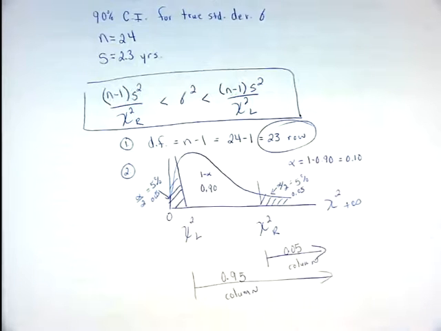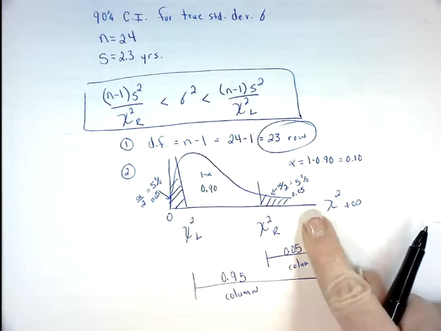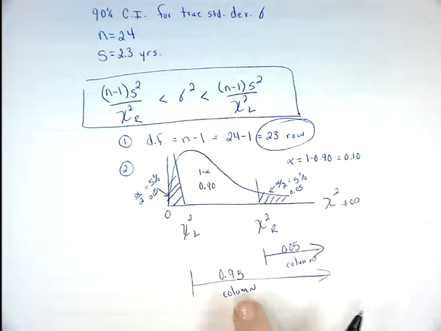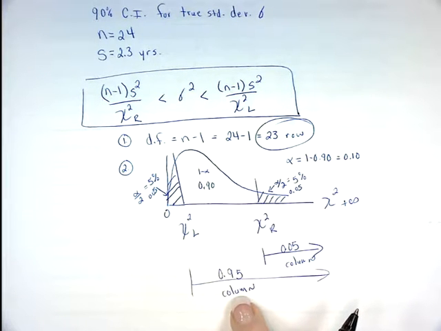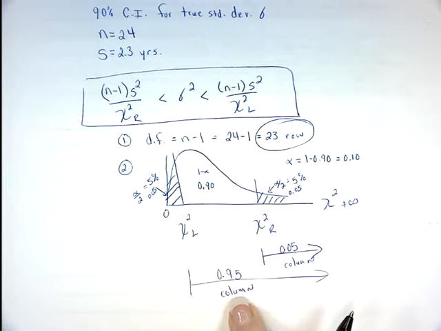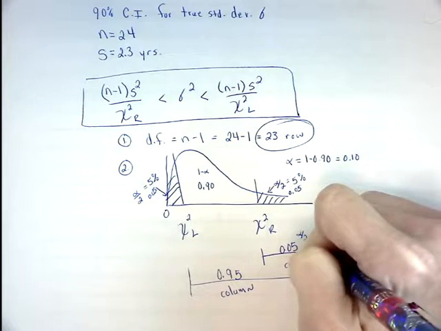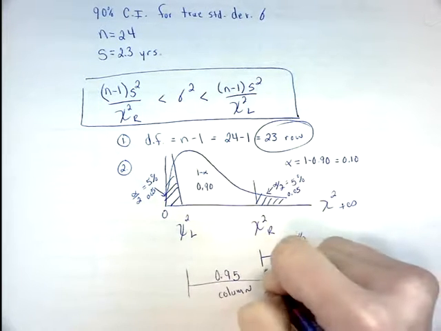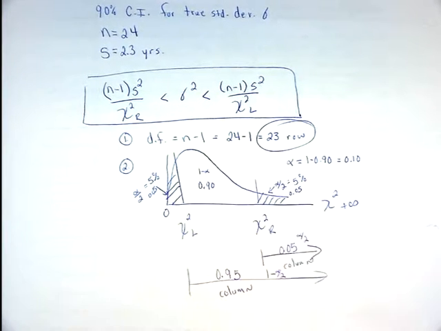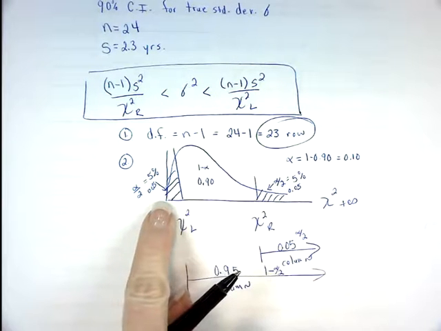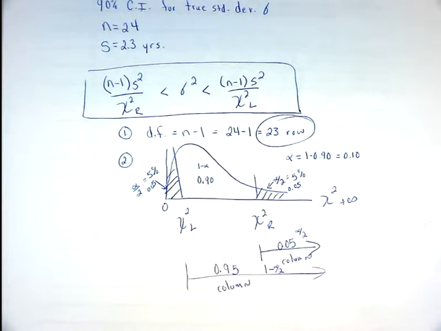So isolate row 23 and go to the column that says 5%, which is the alpha over 2, and then for chi-square from the left, go to row 23 and the column that says 95%. And again, this 5% is alpha over 2, and this 95% is 1 minus alpha over 2, or 1 minus 5% is 95%. If the area below chi-square from the left is 5%, then the area above it is 95%.